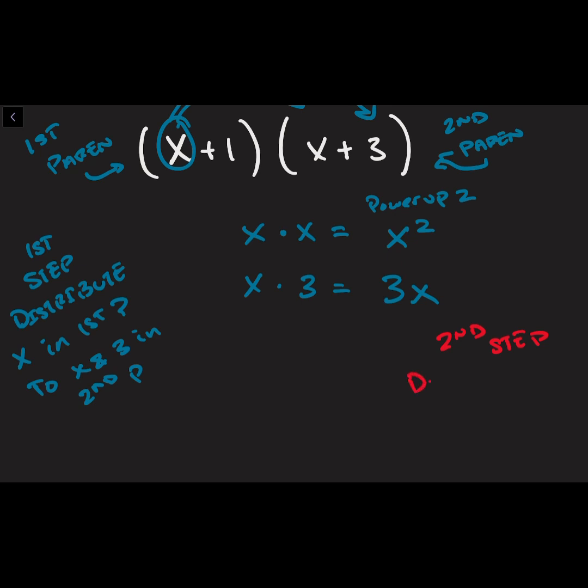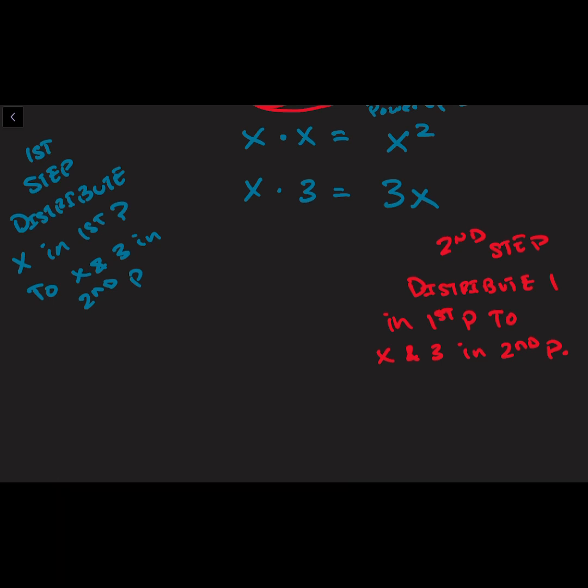So we got 1 times x, and 1 times 3. 1 times x gives us 1x, or just simply x. And 1 times 3 just gives us a 3.